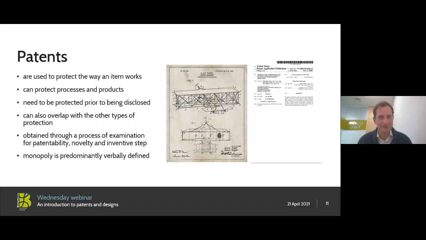So my fourth point there is that there's overlap between patents and designs and other things, and I think I've explored that one pretty well. And then also we've got this examination process point, which I covered earlier on, but there are certain things that aren't patentable.